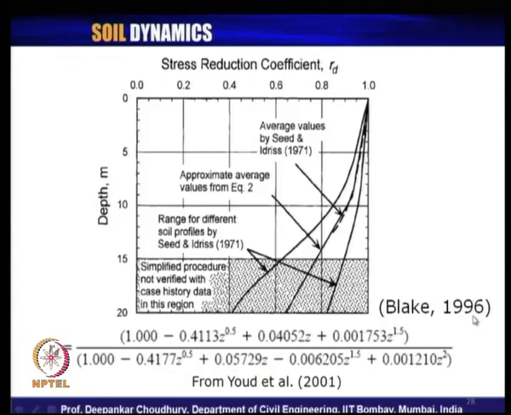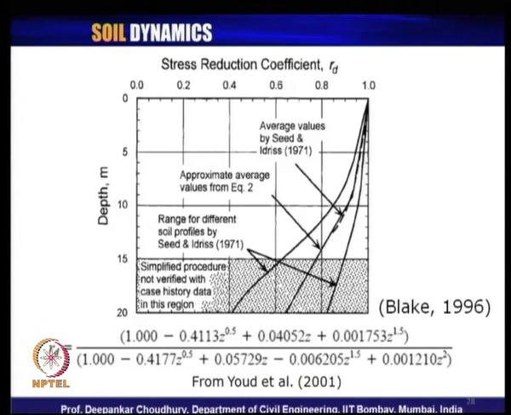What Blake 1996 proposed is that r_d, the stress reduction coefficient, can be calculated by using this expression, where z is the depth below the ground surface in meter unit, and their values are given by this. This is the average value of Seed and Idriss 1971 we have seen, and these are the two extreme ranges obtained by Seed and Idriss for various soils. So, nowadays this is the expression which is commonly used to find out the value of r_d.